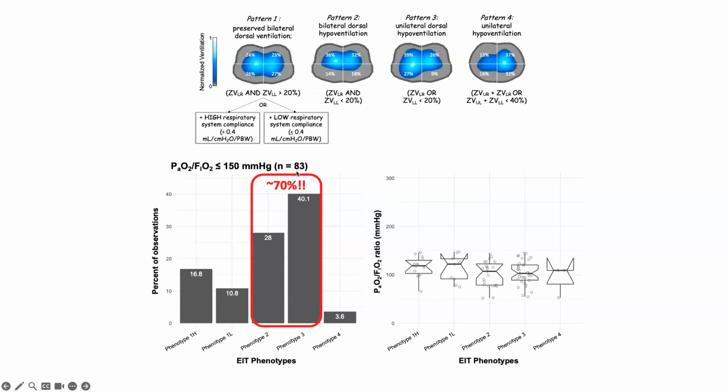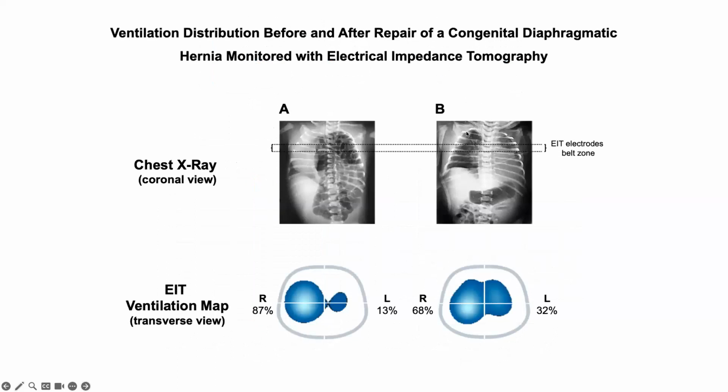This result may suggest why prone positioning is so effective in improving respiratory function, because most of the patients have a problem in the dorsal area. We were also able to see that patients with normal ventilation distribution do not do so well in prone positioning. And if we consider only the PF ratio, we are almost unable to distinguish those different lung images.